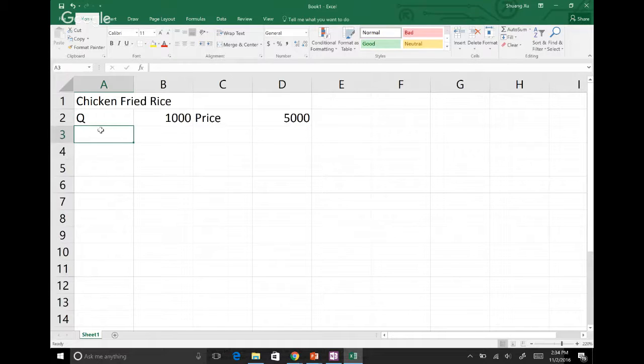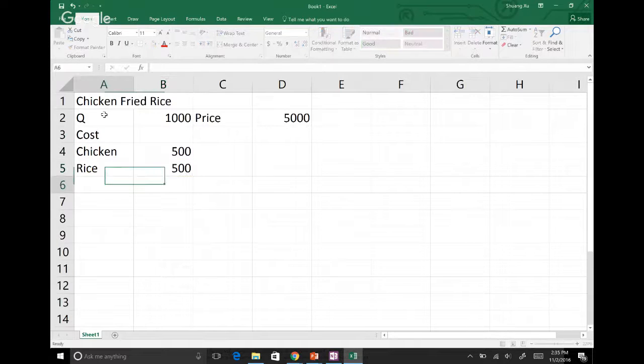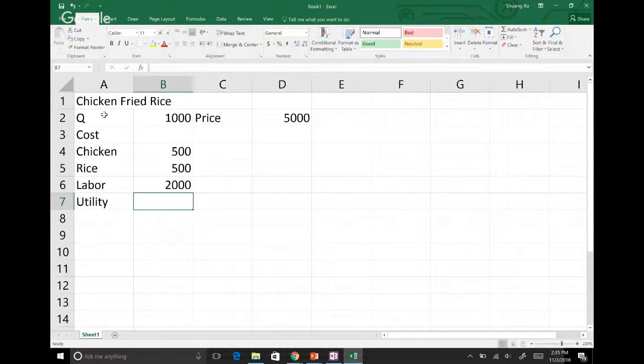Now for the costs: the cost of chicken is $500, cost of rice $500, cost of labor, let's call this one $2,000, utility, another $1,000, and rent, let's say $2,000.